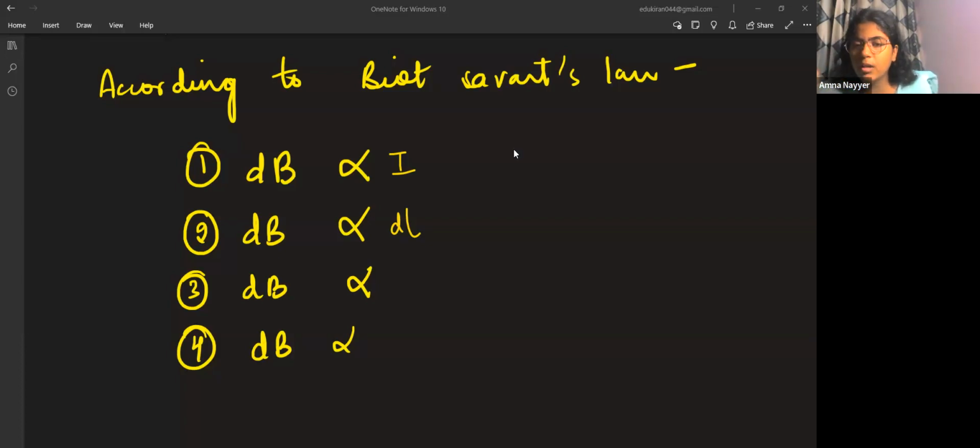Depending upon your wire, you can change the values of dL. In the derivation, if you have a circle, the entire length will be 2 pi r. Every wire is different, and if it is shaped into different shapes, the length becomes different. That's why we just take it in general as dL, current element.